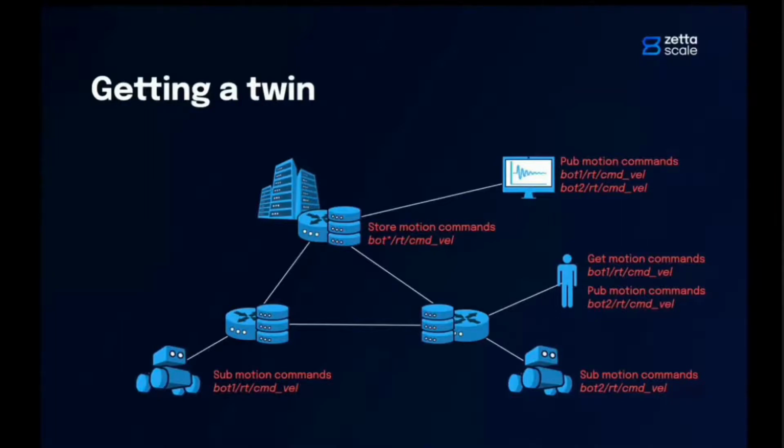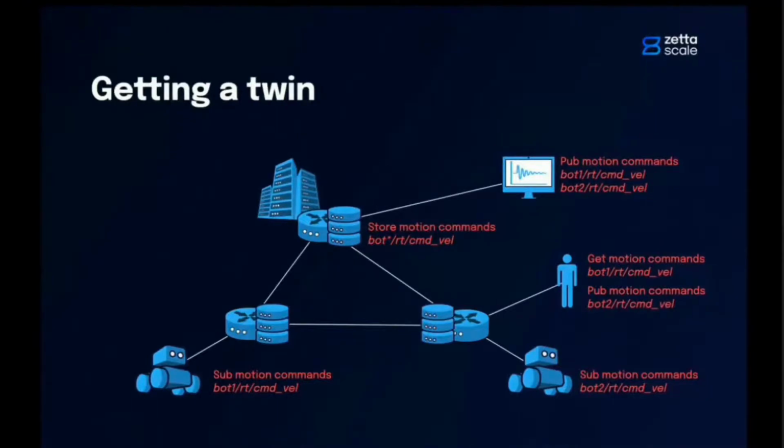Mainly, as we've seen, all the commands sent to the robot go through Zenoh. They are just publications on one topic, which is bot1/rt/tmdevel. So what we need is to store all those commands in the cloud, and to have another application later on to get the history of the commands that have been published, and to republish them on a second path for bot2, up to the second robot.